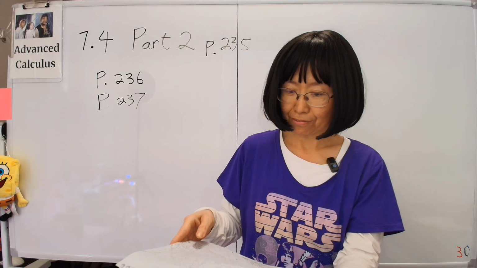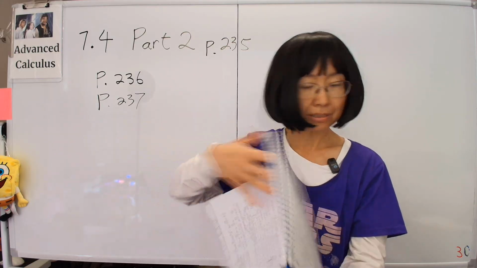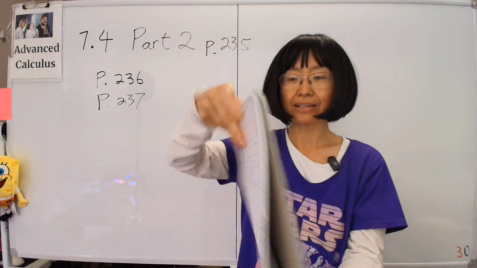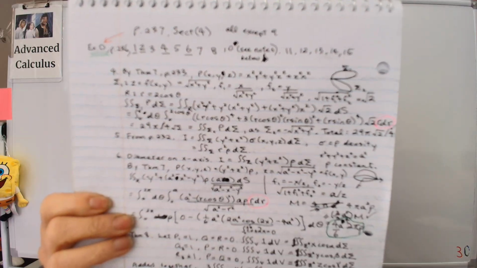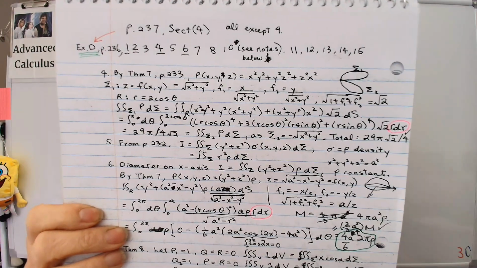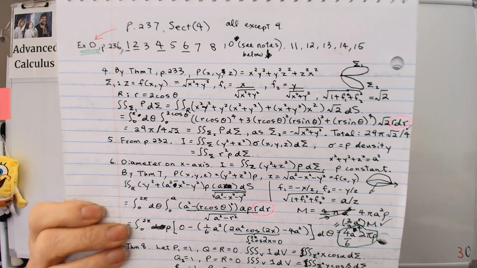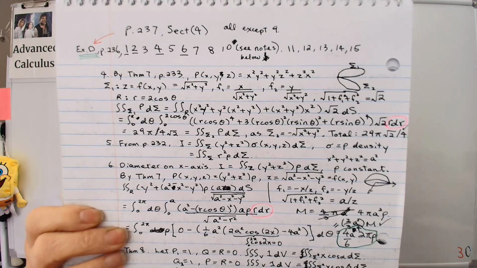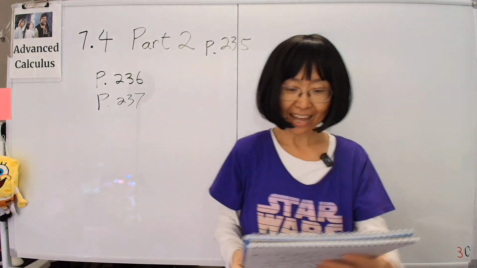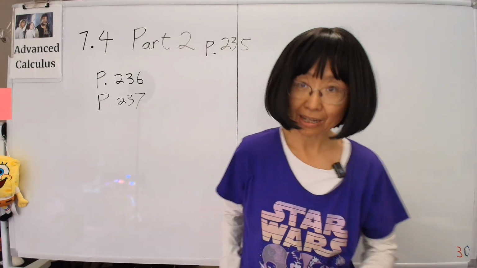I gotta find it. What page did I say? Yeah, here it is. All right, so please do all except 9: example D, and then 1, 2, 3, 4, 5, 6, 7, 8, 10, 11, 12, 13, 14, 15. Please do all that, and when you're done, I want to talk about some of them.